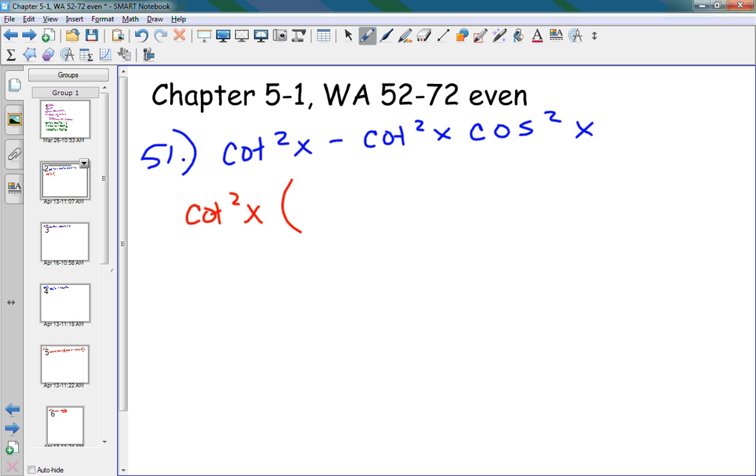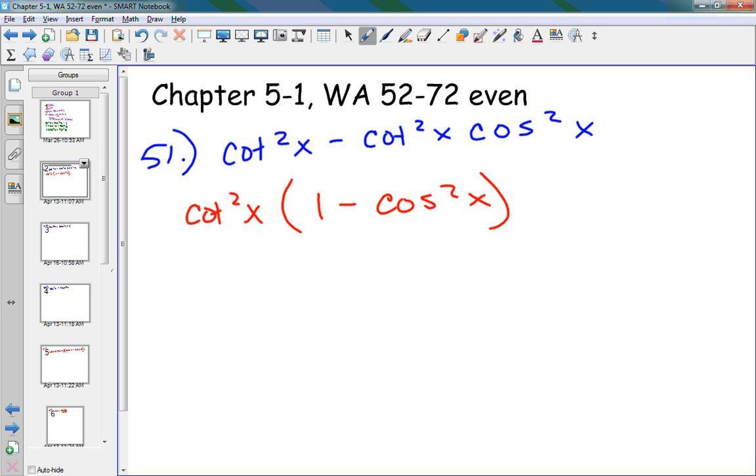So if I pull out a cotangent squared, the operation that I'm actually doing there is multiplication, yes? So if I pull that out, the opposite of multiplication is division, so what's cotangent squared divided by cotangent squared? 1. And what is cotangent squared of x times cosine squared of x divided by cotangent squared? Cosine squared of x.